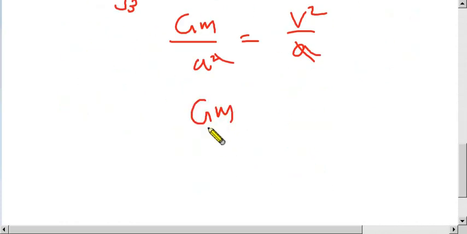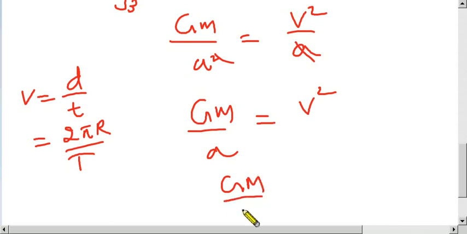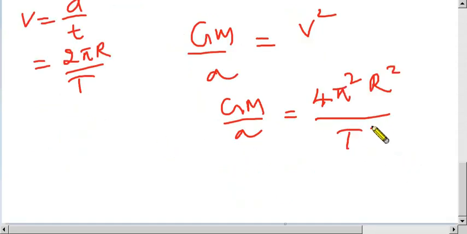So Gm divided by A equals V squared. But instead of V, we can write V is distance by T. For one circle, distance is 2 pi r divided by T, which is the periodic time. Then Gm by A equals 4 pi squared r squared by T squared.